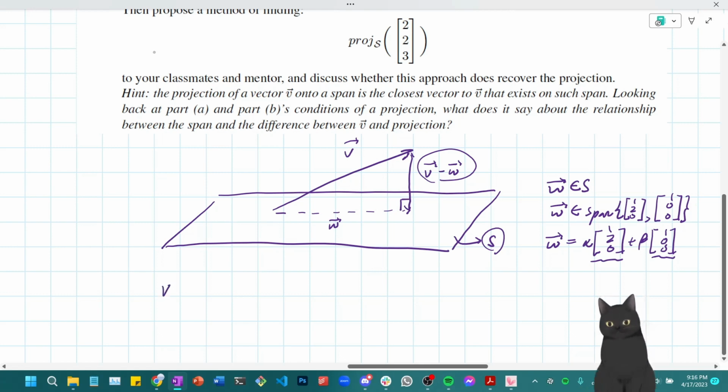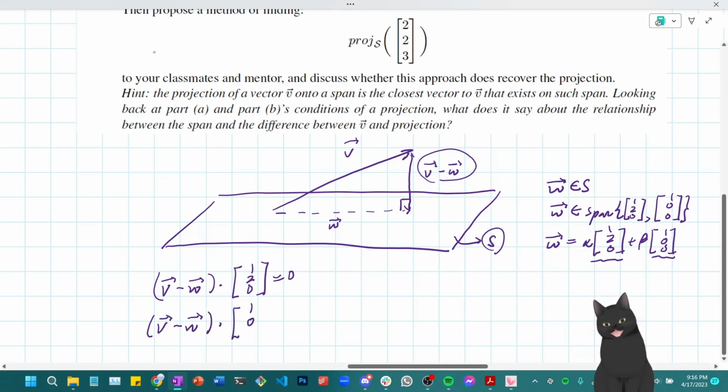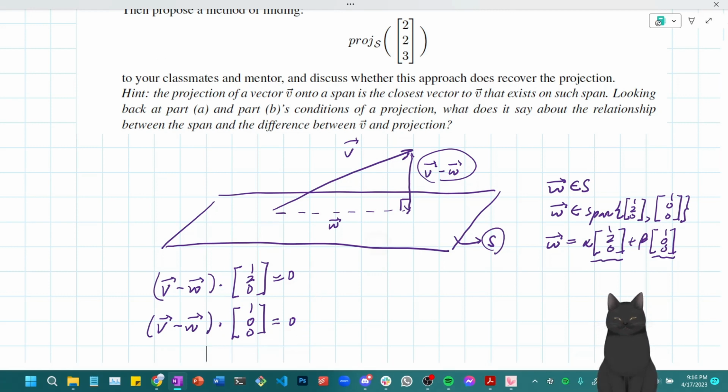So we end up getting that v minus w dot (1, 2, 0), which is a vector in the span, is 0. And v minus w dot (1, 0, 0), which is another vector that belongs to the span, is also equal to 0, such that v minus w can truly be perpendicular to their linear combination, that is w.